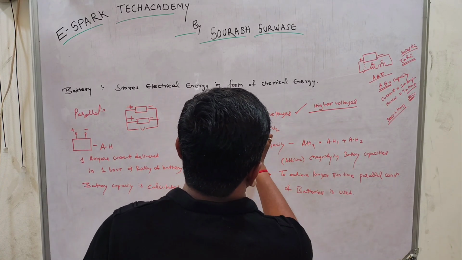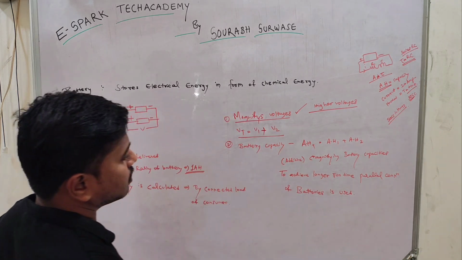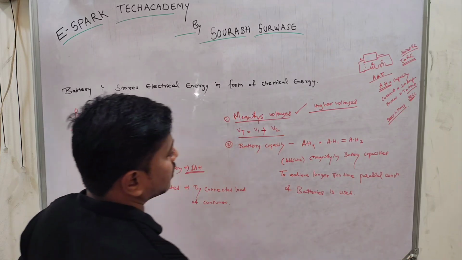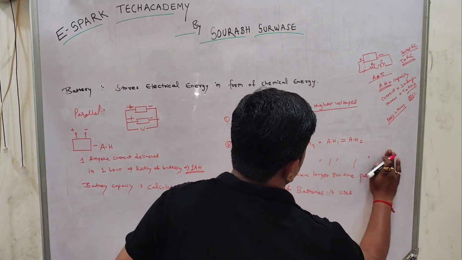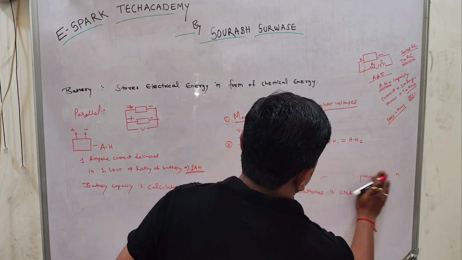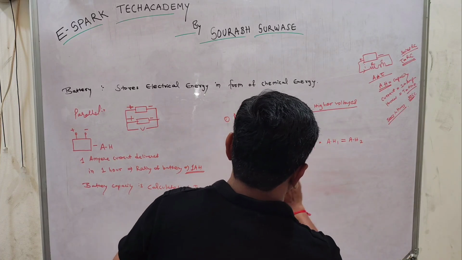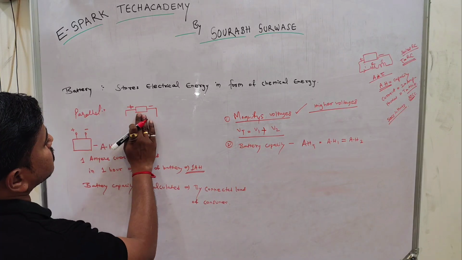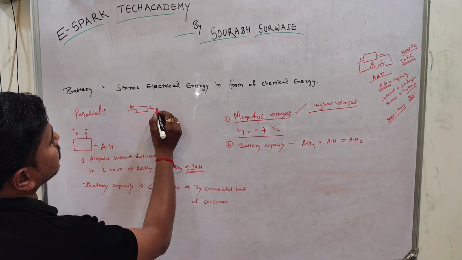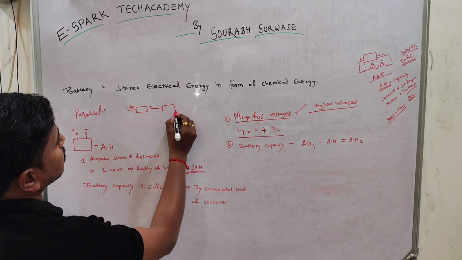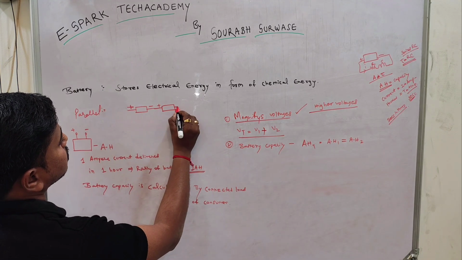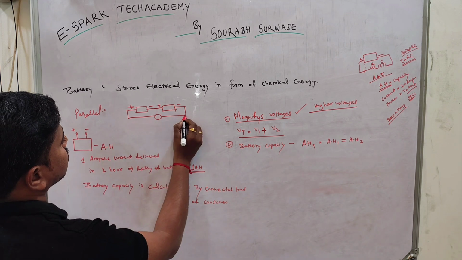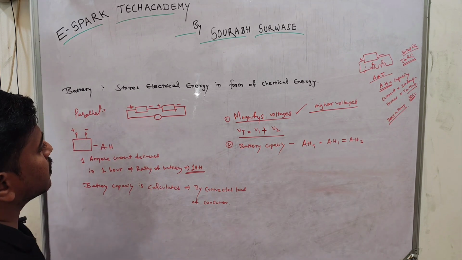For higher voltages you will use the series connection, and the ampere hour capacity will remain the same. The batteries are connected positive to negative this way.